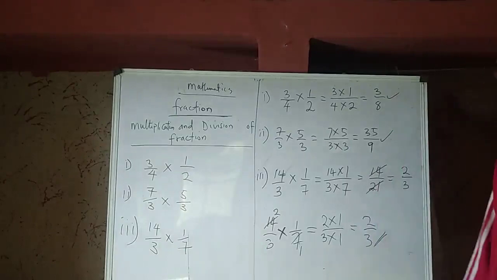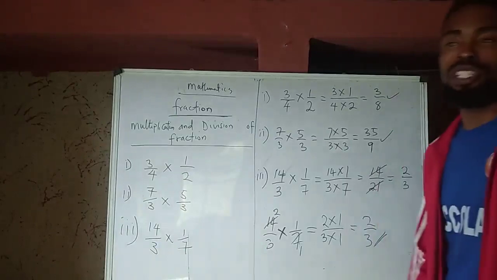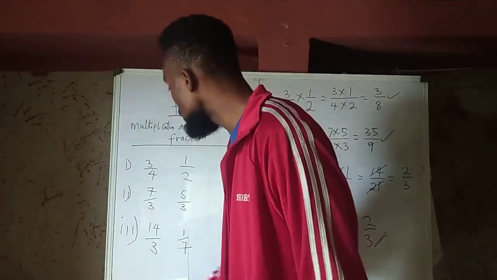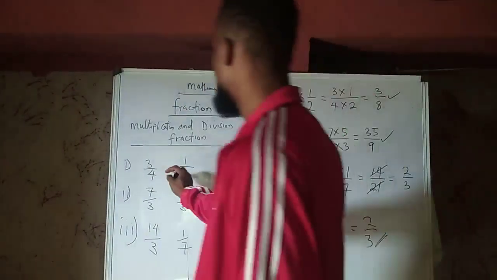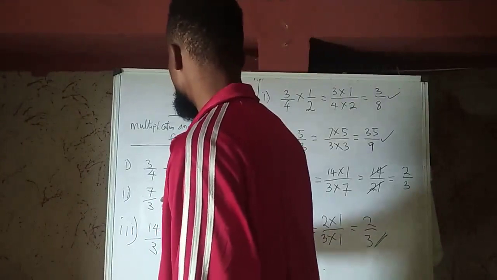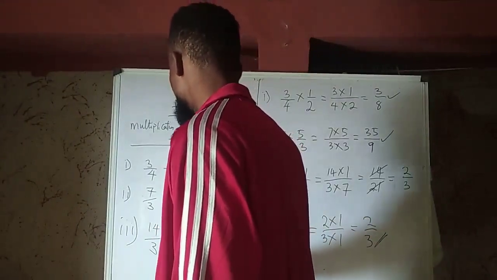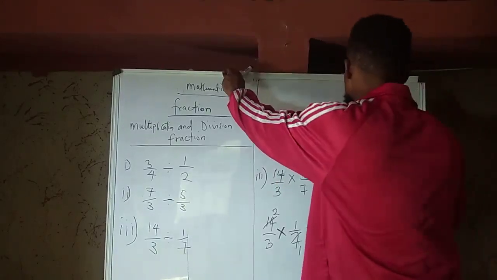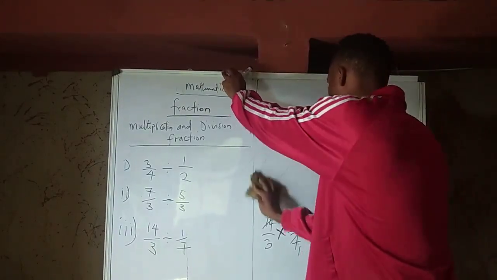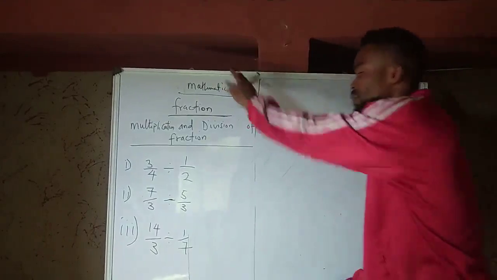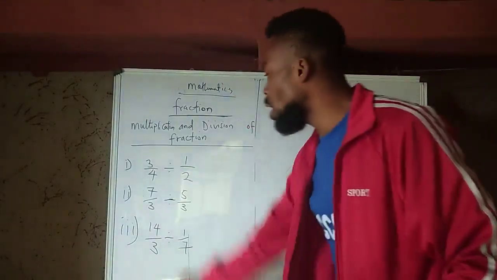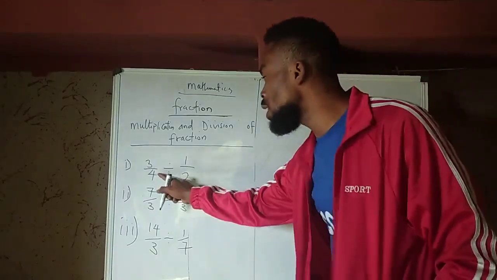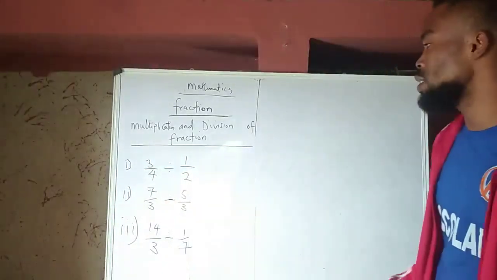Okay, so now let's quickly look at how you would do division in fractions. So I'm going to change all of this to division. If all those were division, how would you approach it? We are going to look at 3 over 4 divided by 1 over 2.